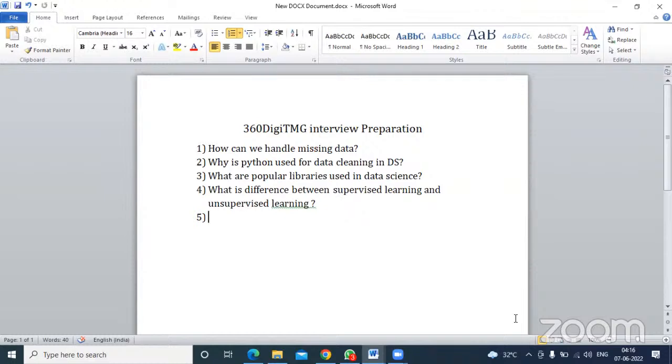Supervised learning is data which has a label, and unsupervised is data with no label.